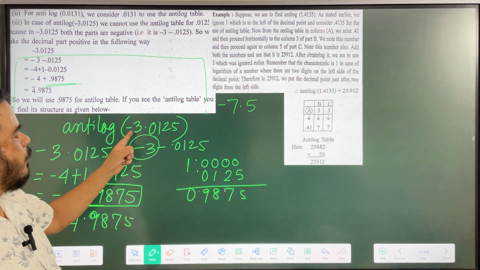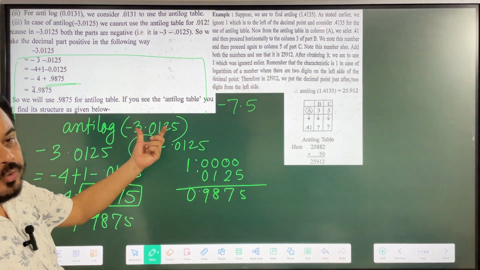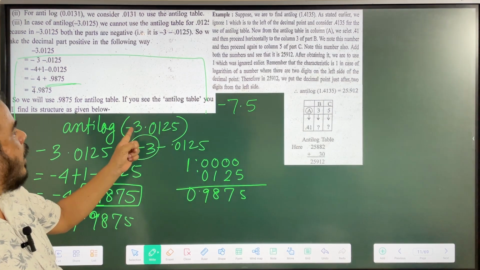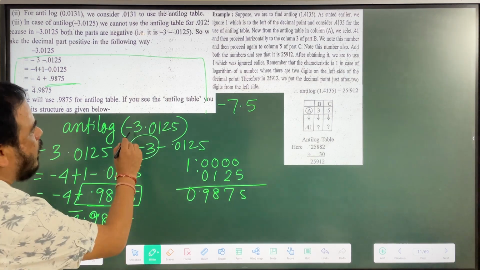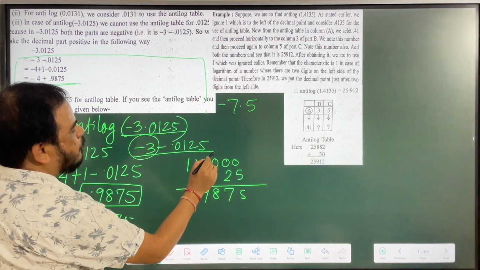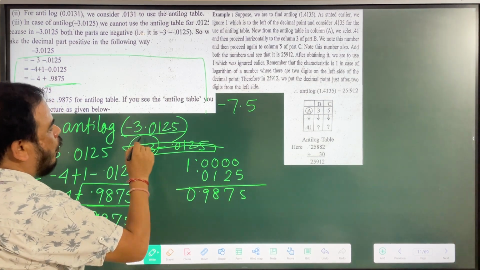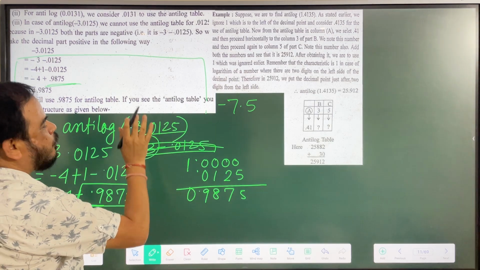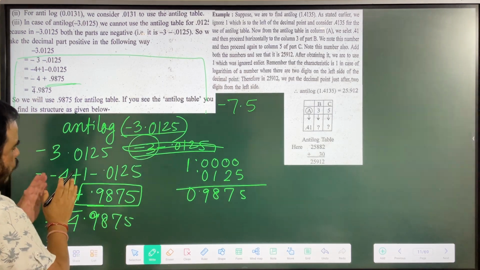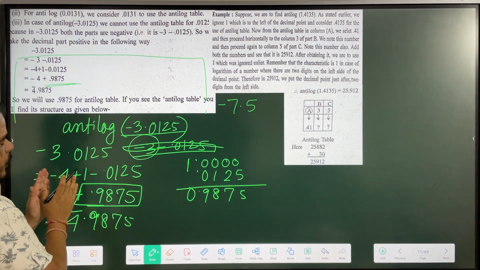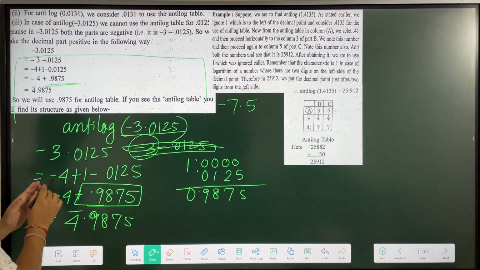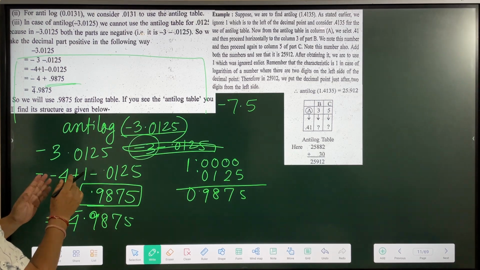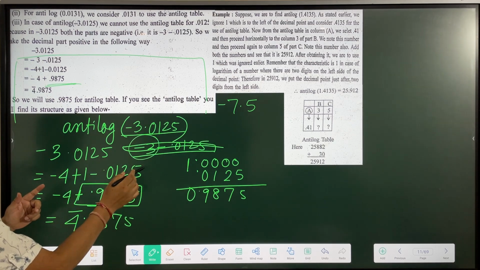If negative, as we know, the decimal part should always be positive. Here the decimal part is negative, so to remove this negative from the decimal part, we make minus 3 like this. I hope you understand. Minus 3 means minus 4 plus 1, minus 0.0125.